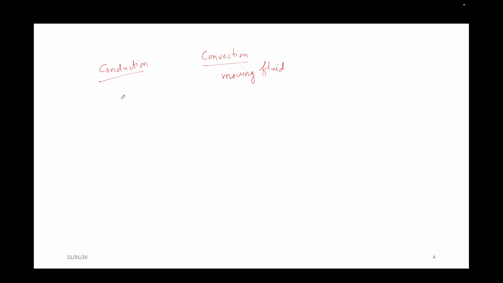As you go through this course, you will understand that among conduction and convection, conduction is the primary mode of heat transfer, and convection is conduction plus fluid motion. Both the thermodynamic part and the fluid motion part come in as a single term, known as convection. That's why we consider conduction as the primary mode of heat transfer.